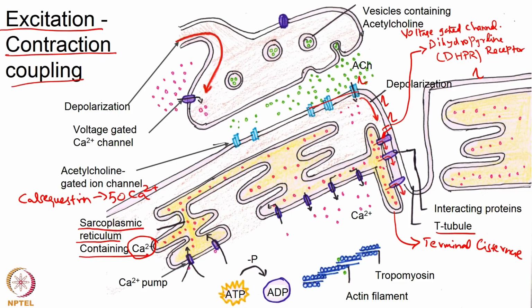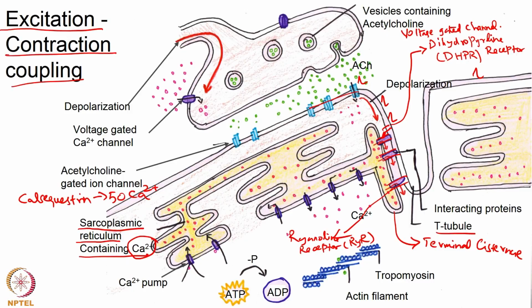So, here in the sarcoplasmic reticulum you have some channels, these are the channels that keep the calcium inside the sarcoplasmic reticulum locked. These channels are called ryanodine receptors, or RYR.